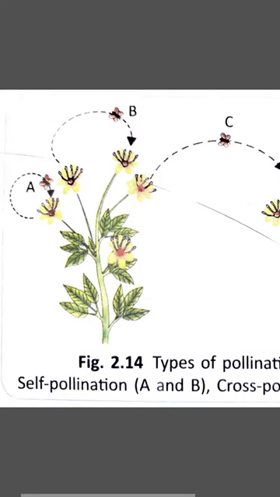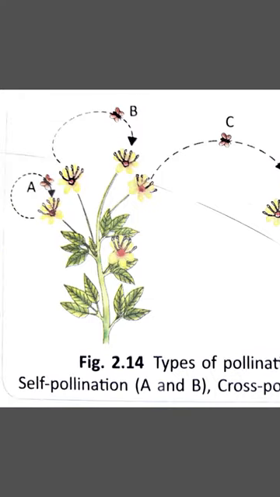First of all, what did I say? Both gametes, male and female, are there in a single flower. When the transfer of pollen from the anther of a flower is to the stigma of the same flower, that is known as self pollination.